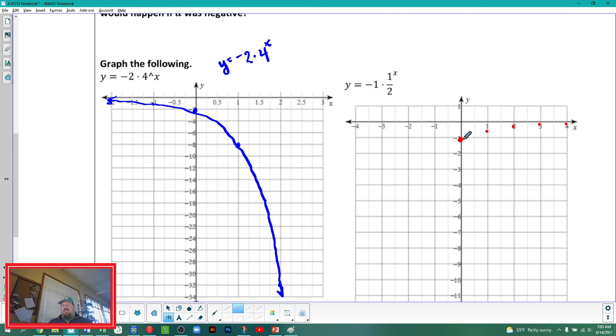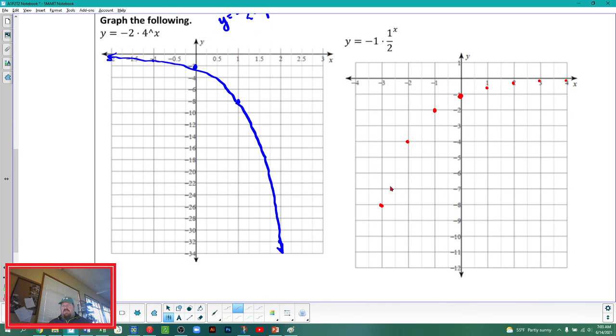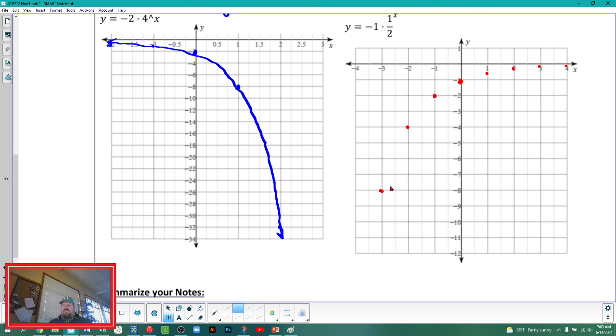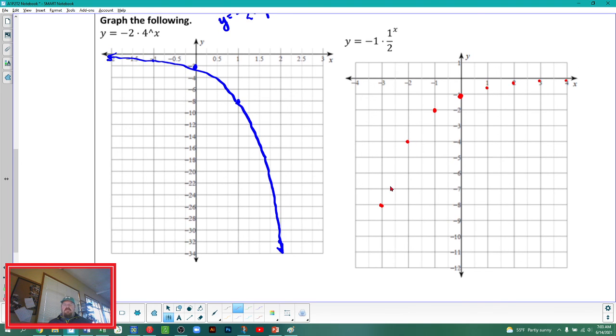Plugging in negative numbers, 1/2 to the -1 is 2, and then times -1 is -2, and then we get -4, and then -8, and then to the 4th, that would be like -16, so that would be off my graph. So, kind of take a look at what this graph's going to look like.